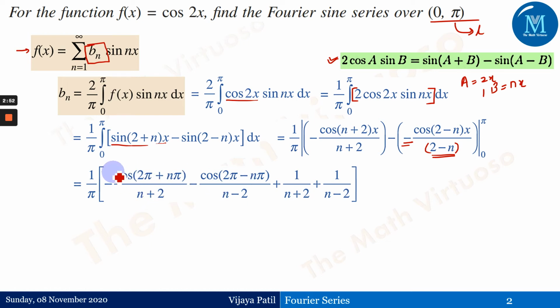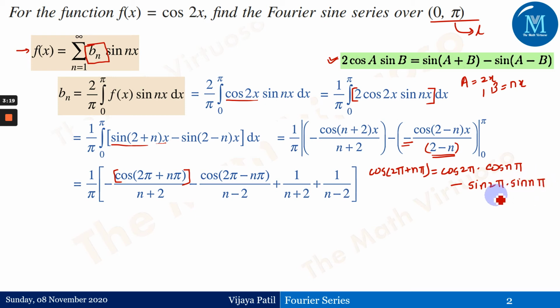What is the expansion of cos of 2 pi plus n pi? According to cos of a plus b, it will give me cos of 2 pi into cos of n pi minus sine of 2 pi into sine of n pi.